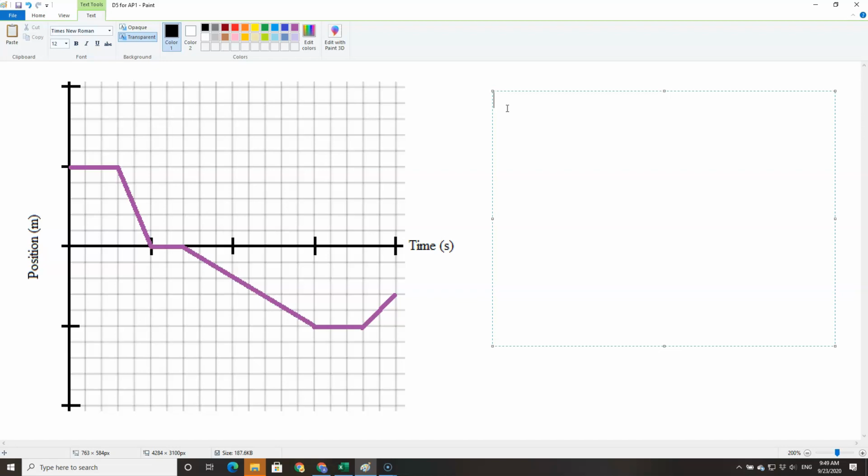I can tell you right now, in general, if they curve, that means you have acceleration. Later on, I'm going to show you just sketches of graphs where I'm showing you the position versus time, the velocity versus time, and the acceleration versus time, all at the same time.